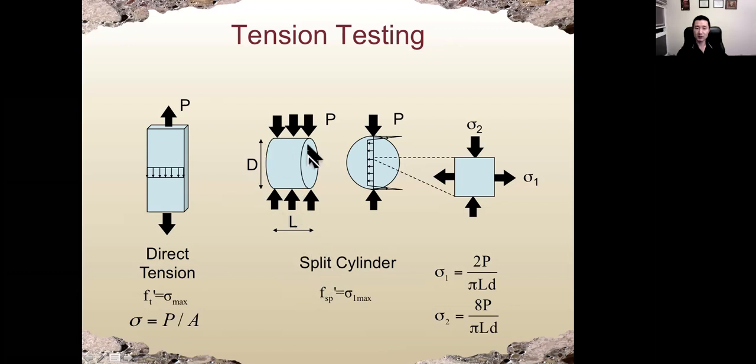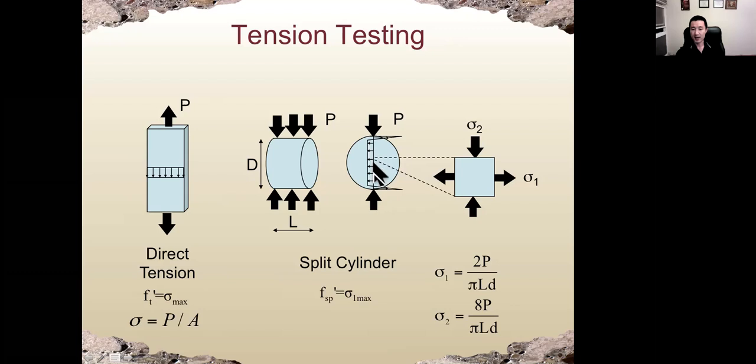We have a concrete cylinder, and we compress the cylinder along the diameter direction. In the top and bottom section we have compression, but in the majority of the cross section, we have tensile stress.